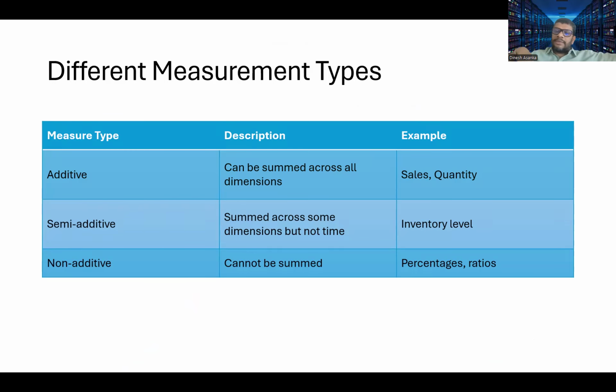Item A has 10 quantities in location A and another 15 quantities in location B. I can add them together and say the total quantity for that item is 25. But I can't say yesterday it was 10, today it was 15, so the total quantity is 25. You can add across given attributes only.